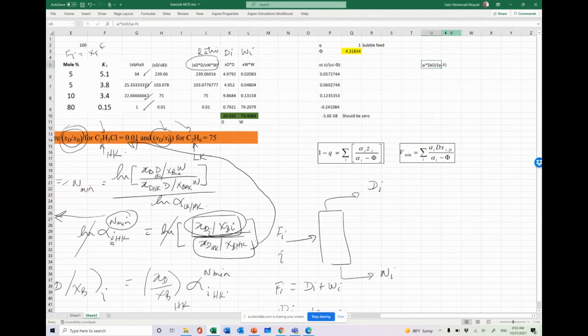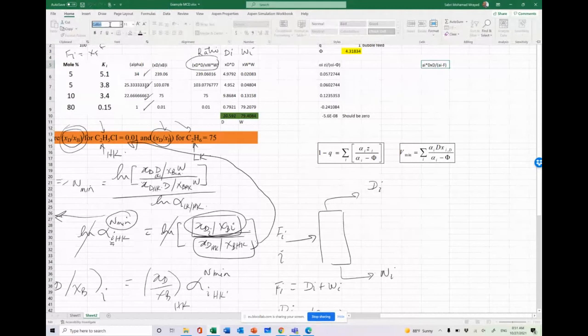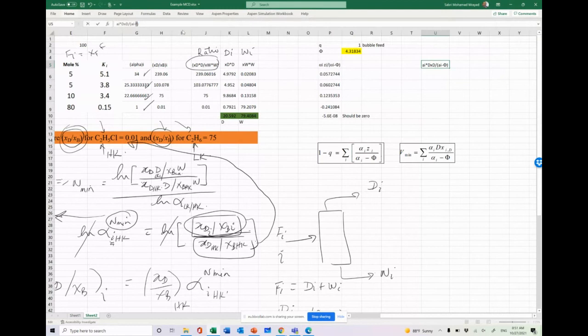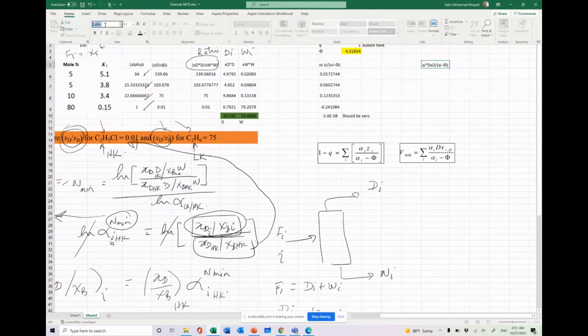Just to keep in mind, let me do it this way. This one is also going to be a symbol here.